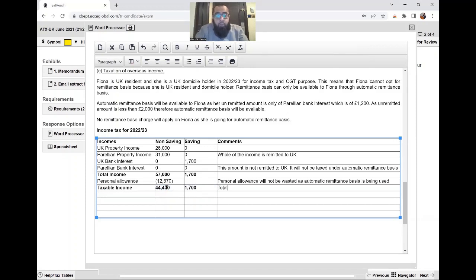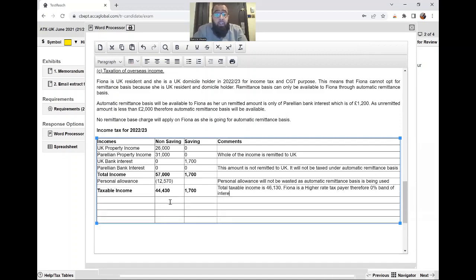Now, total taxable income is 44,430 plus 1,700 is 46,130. Fiona is a higher rate taxpayer, therefore 0% band of interest income will be of 500.